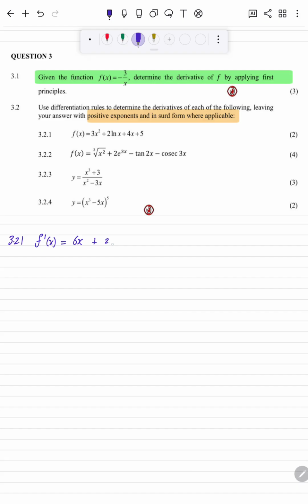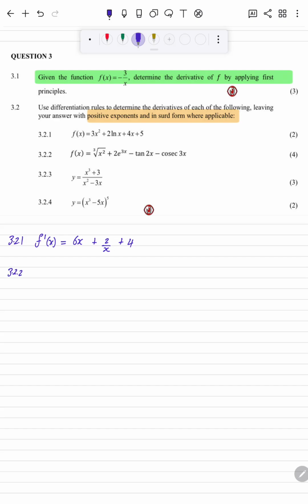Then you and I have agreed that the derivative of ln x is always going to be 1 over x. So 1 over x multiplied by 2 is the same as 2 over x. The derivative of 4x is just 4. The derivative of 5 is 0. So that would be the answer for 3.2.1.